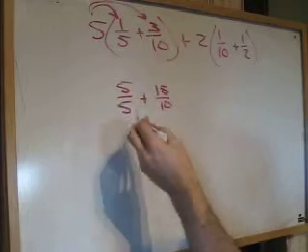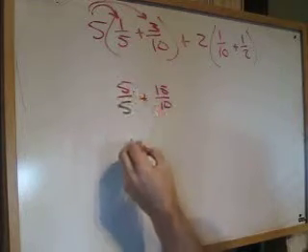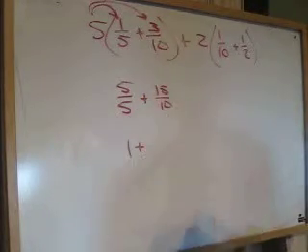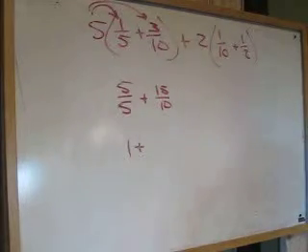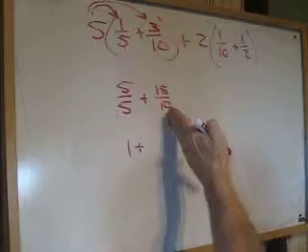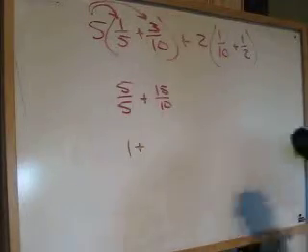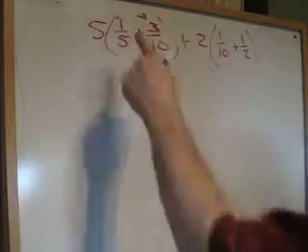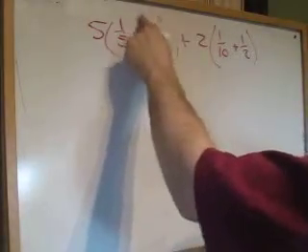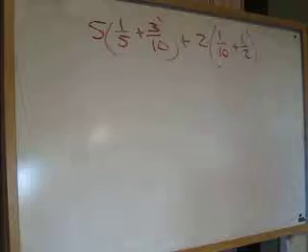And if you remember from reducing, 5 over 5 is 1, and 15 over 10 isn't going to work for me. I was going to say, if it worked out that this was a 3, then you could just add 1 plus 3 and get 4 and not have to find common denominators. But, so just something to consider when you're doing these, because sometimes it works, sometimes it doesn't. In this case it didn't.